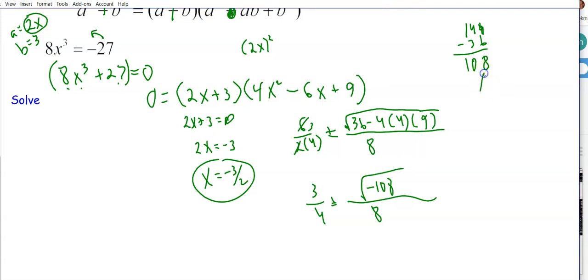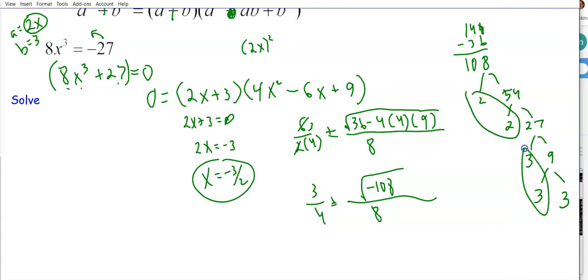Let's see, 108, let's do a prime factorization. That'd be 2 times 54, 2 times 27, 3 times 9, and 3 times 3. So there's a square root, so I'm looking for a pair of 2's, a pair of 3's with a 3 left over. So a 2 and a 3 comes out. So I get 3/4 plus or minus 6, because that's 2 times 3, i, because of the negative.